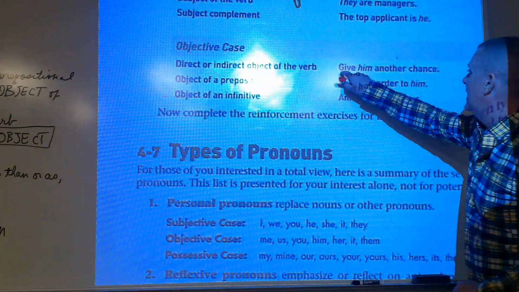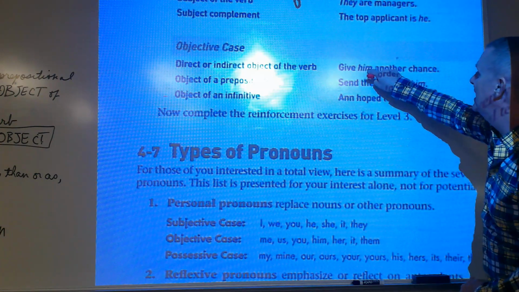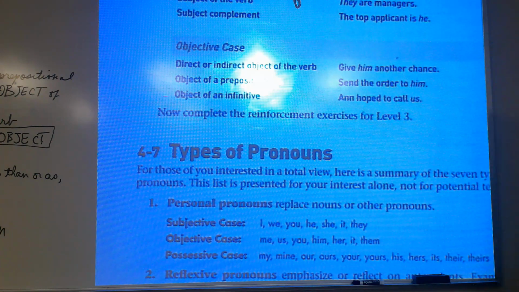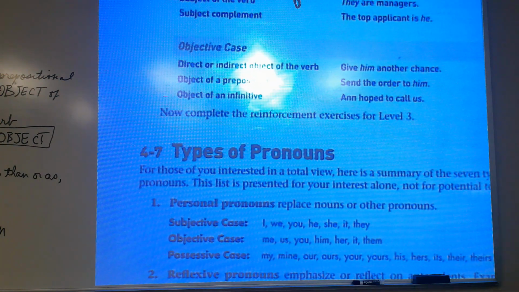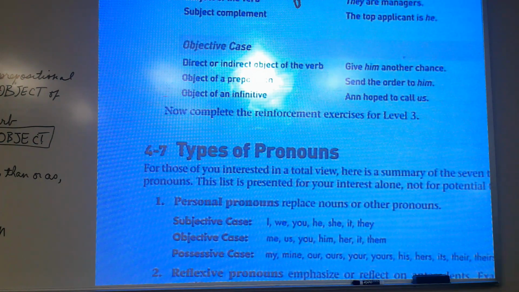On this one, you give chance to him. So chance is a direct object and him is an indirect object. If it's an indirect object or direct object, use an objective case pronoun. Me, us, you, him, her, it, them. If there's a pronoun in a prepositional phrase, use an objective case pronoun. Me, us, you, him, her, it, them.